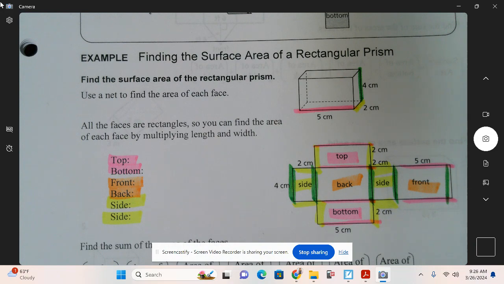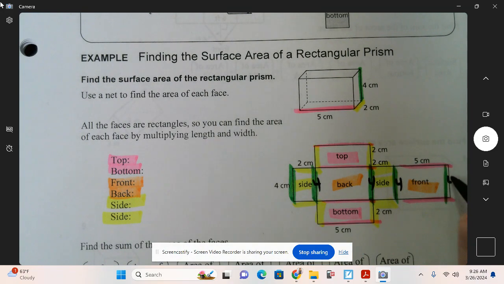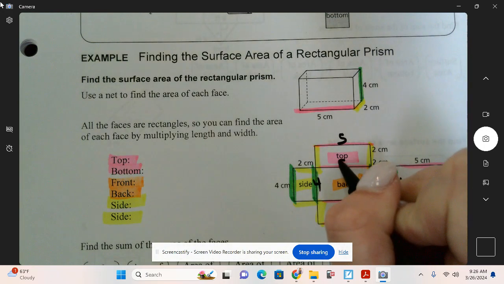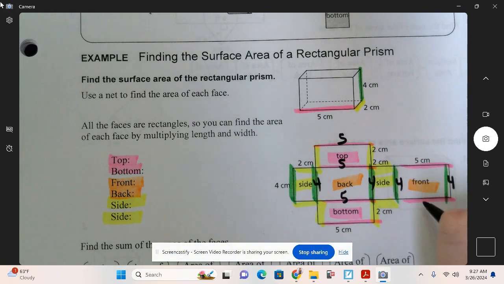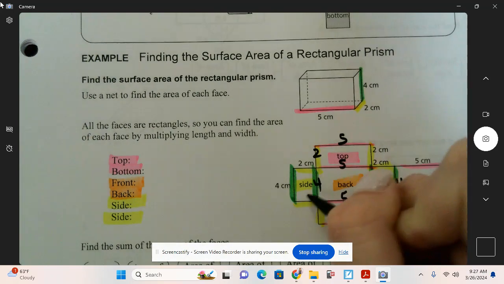How long are all the green pieces? 4, 4, 4, 4. All my pink pieces are how long? 5, 5, 5, 5, 5. And all my yellow pieces are 2.